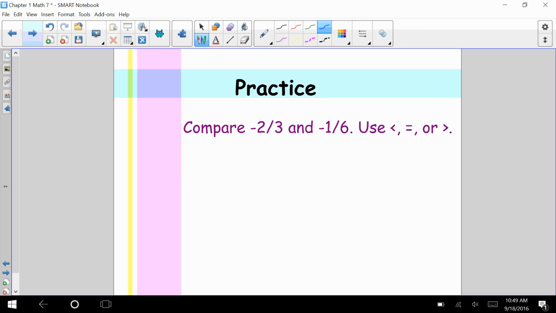Now it's your turn. Compare -2/3 and -1/6 using a less than, equal to, or greater than. On our number line, these are both between 0 and -1 again. Let's cut this into sixths.